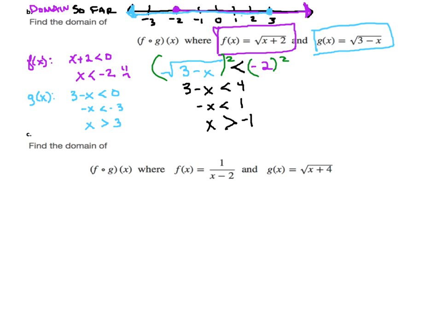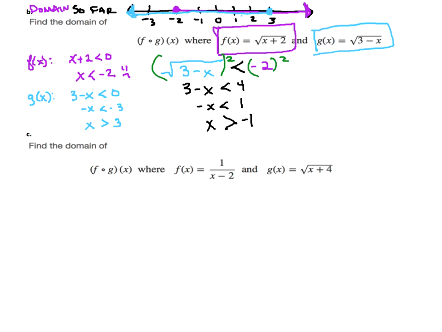Goodness. Okay, so my new restrictions: when x is greater than negative 1, it's going to violate the domain, because my output from my g function will no longer be in the domain of my f of x function.